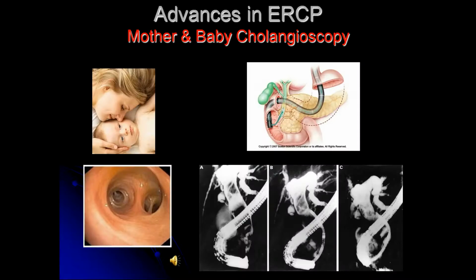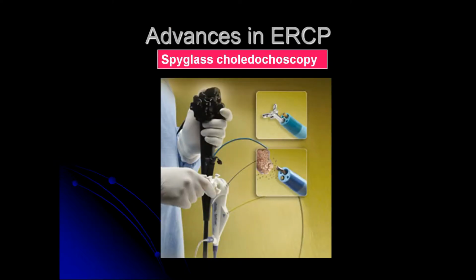Next slide. Mother and baby cholangioscopy is a very good concept, wherein a side-viewing duodenoscope is passed right up to the ampulla. Then through the biopsy channel, another fine cholangioscope is passed. Obviously, a mother and baby cholangioscope examination requires two experienced endoscopists, one holding the mother, another controlling the baby. But unlike this, the newer version, next slide, is spyglass cholangioscopy.